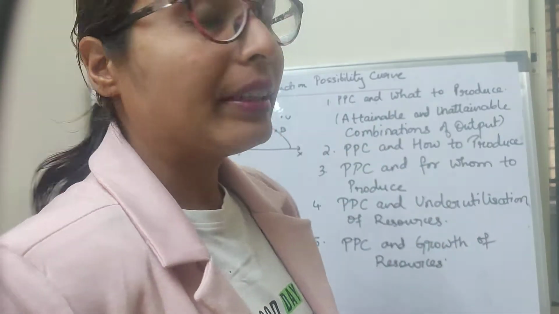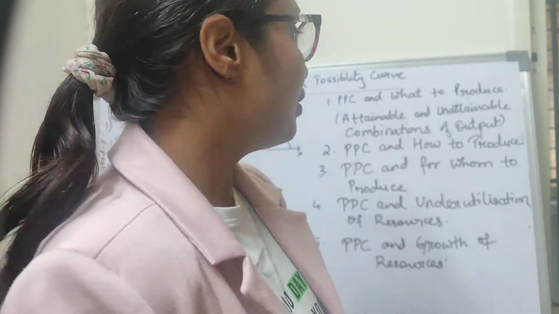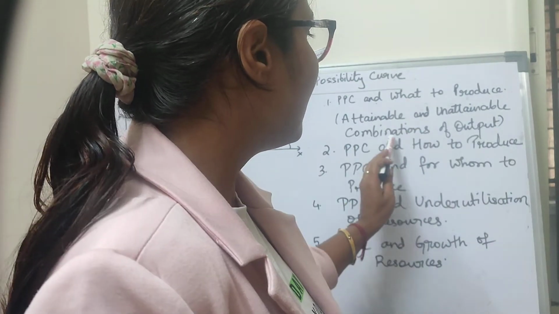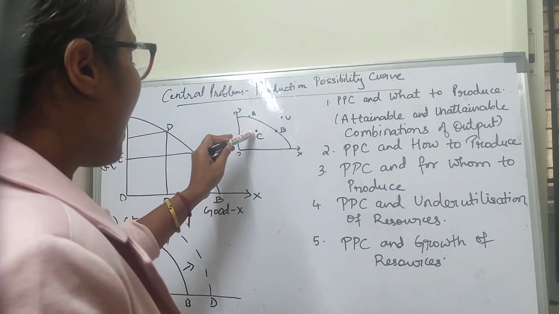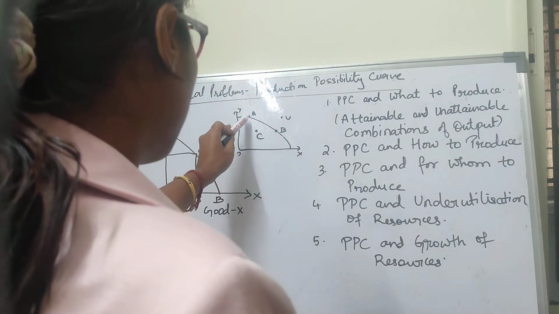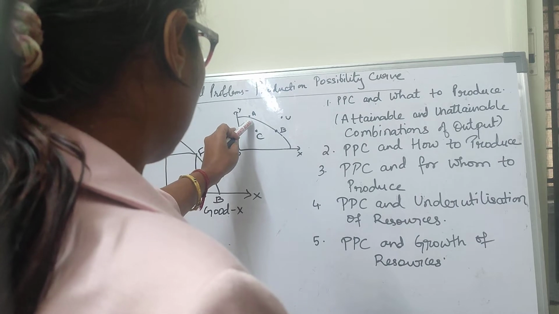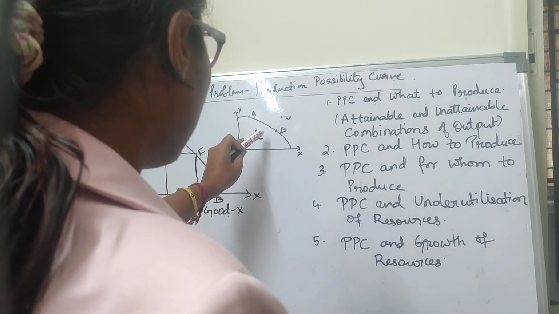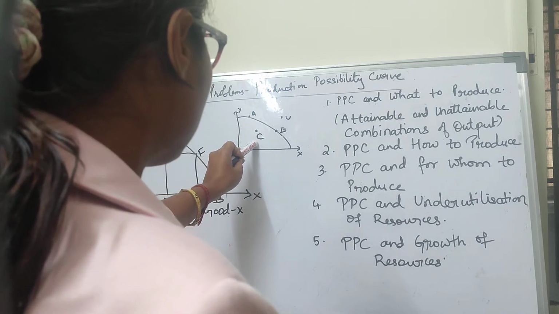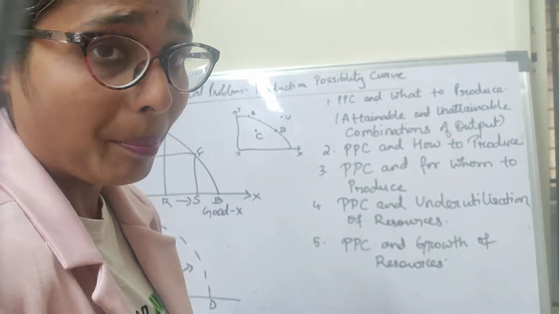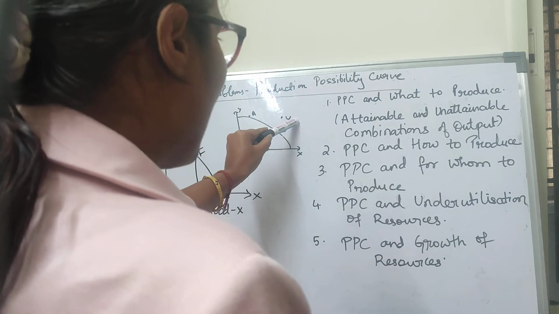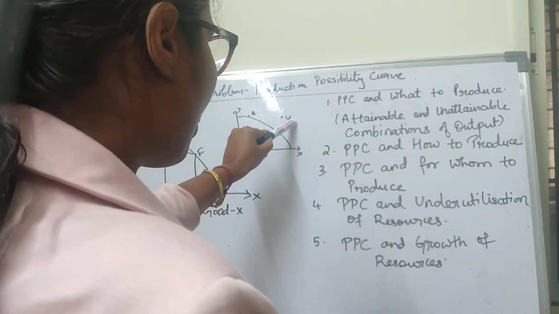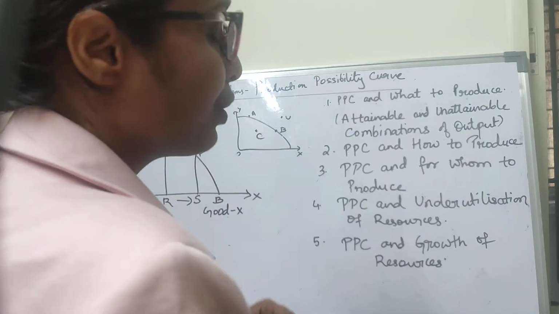Now some related information about the PPC curve: attainable and unattainable combinations of output. Here in this diagram, you can see that the points on the PPC curve like A, B, as well as a point inside the PPC curve like C are attainable combinations. The point outside the curve, that is U, shows the unattainable combination of output.